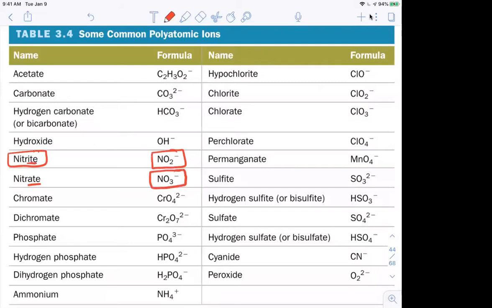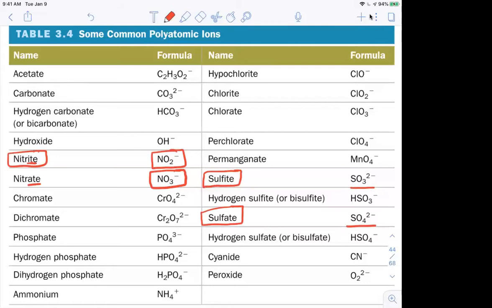That NO3, still with a -1 charge, is called a nitrate. You're going to see this a lot. Sulfite, which is SO3 2 minus. Sulfate, which is SO4 2 minus. I have the same charge, but one more oxygen.